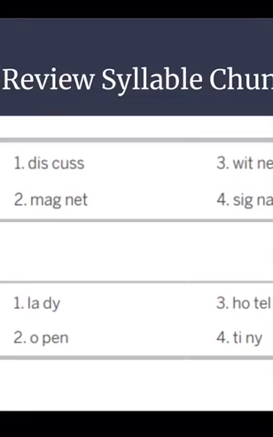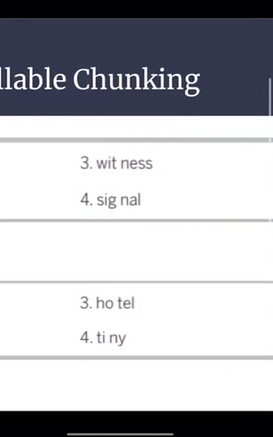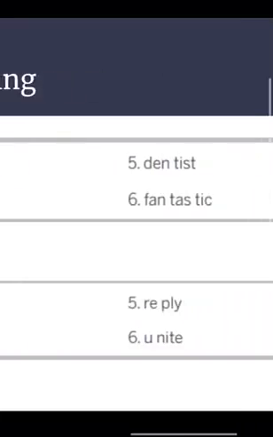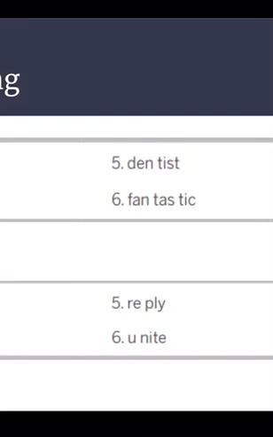So that word is chunked based on the vowel sound. Our short vowel sound I and our short vowel sound U. Okay, number 2, we have magnet. Number 3, witness. 4, signal. 5, dentist. We all see the short vowel sounds in dentist.